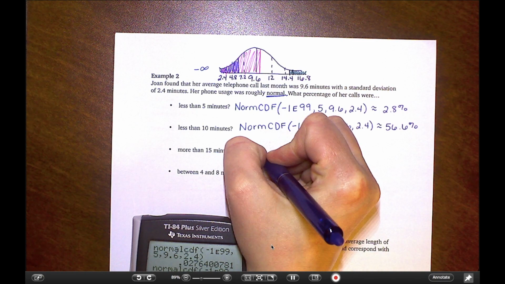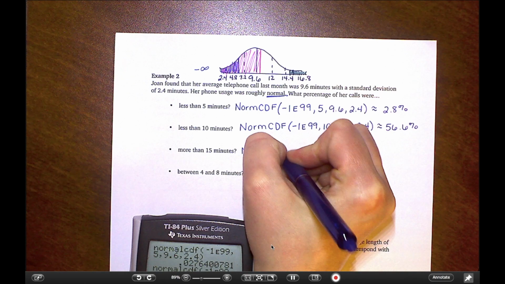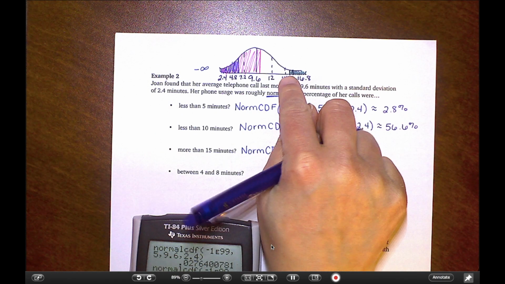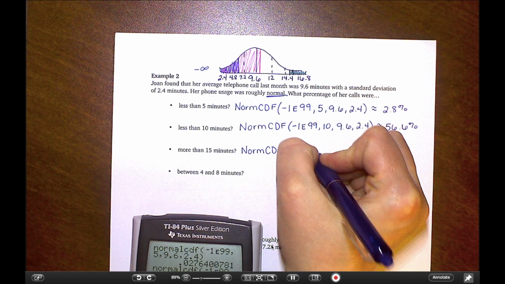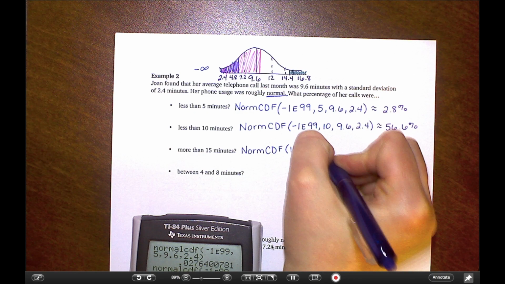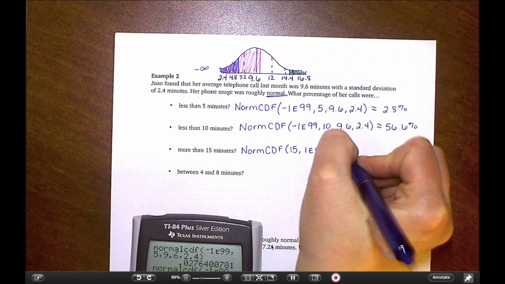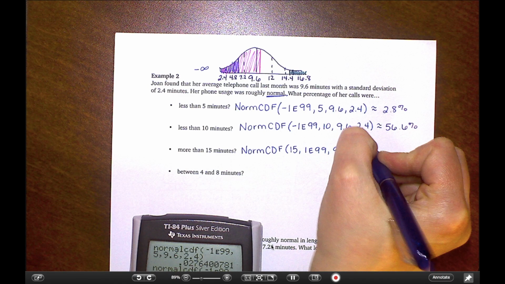norm CDF. This time, the 15 minutes is our lower boundary. Upper boundary is infinity, 9.6 and 2.4.